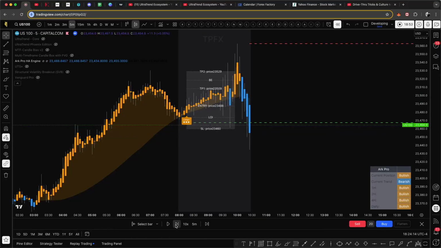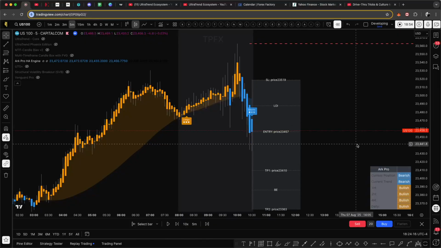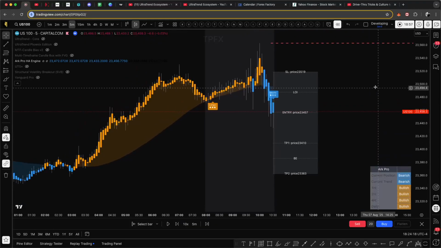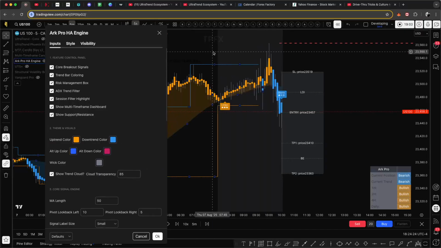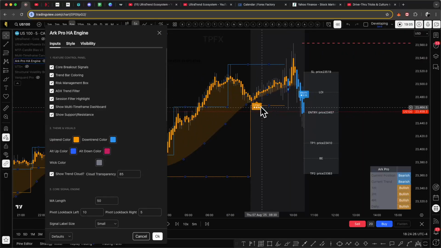Boom. You see, it breaks, and it prints the signal. There we go. So let me pop up now the support and resistance levels. Basically this orange line right there is a support. Notice when the price breaks right there, it prints the signal.